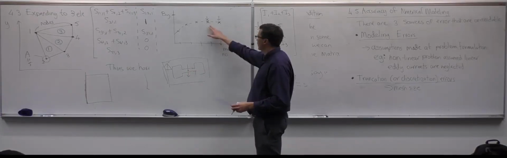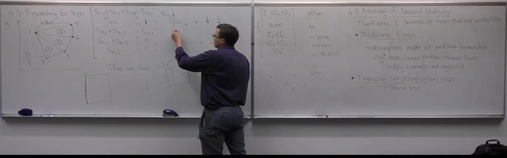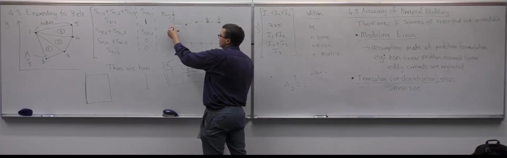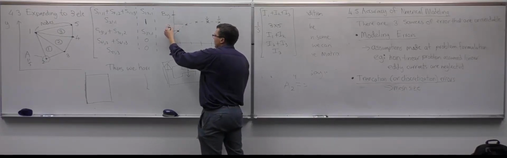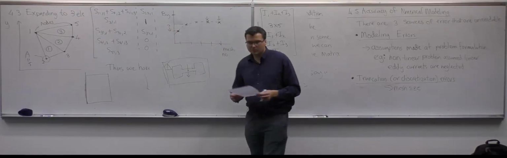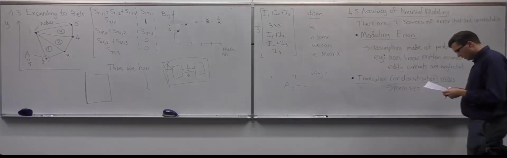So that's a good way to check it. But if you run your simulation and you get one result and then you increase the mesh and you get quite a difference in the result, then that should be a red flag that you need to try increasing the number of elements. So that's truncation error.